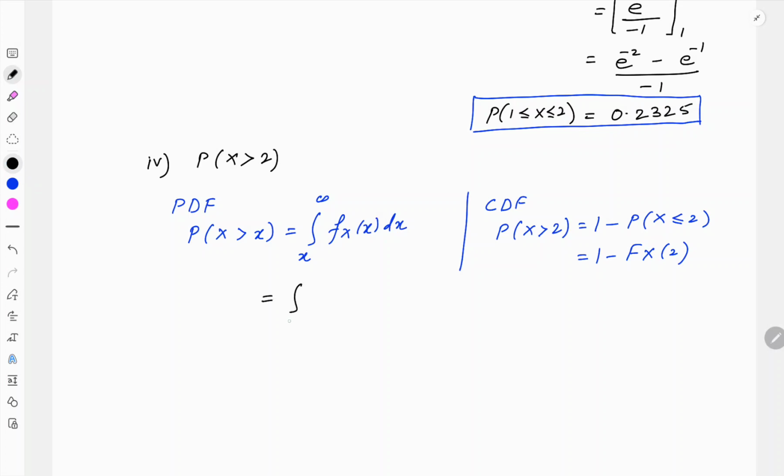So let us go with PDF. So integration from, it is probability of x greater than 2. So integration from 2 to infinity fx of x, so fx is e raised to minus x u of x dx. So substitute these values in this equation.